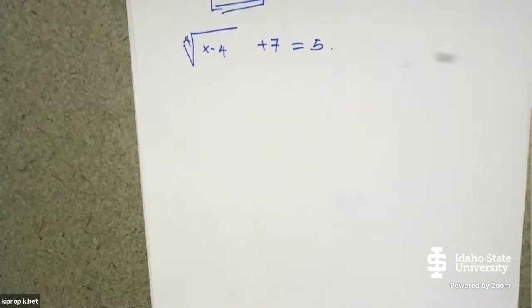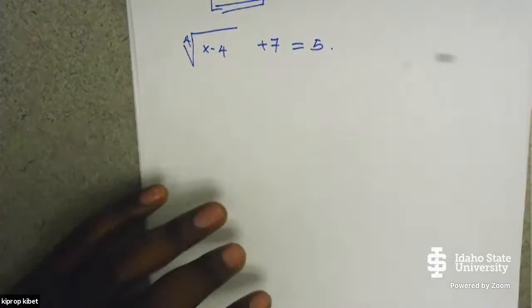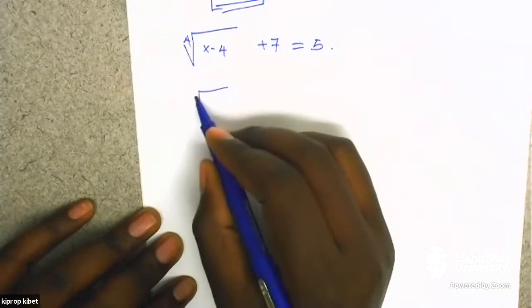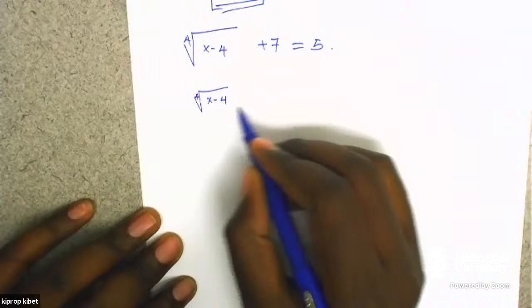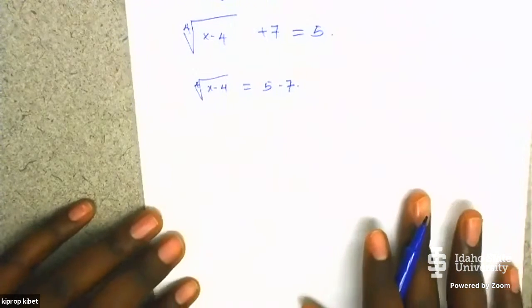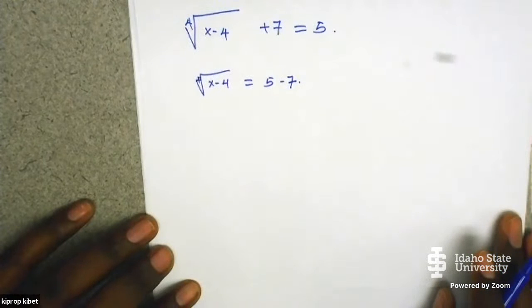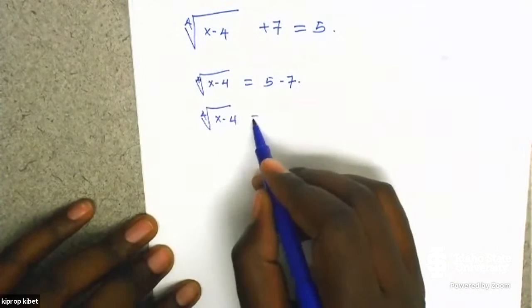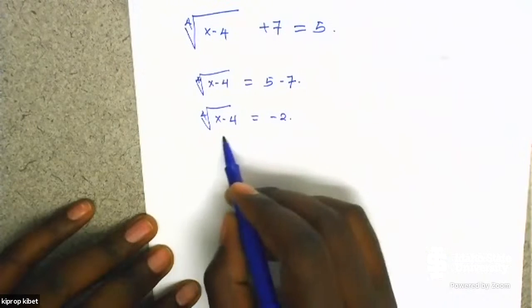So when you take 7 to the other side, it will be the fourth root of x minus 4 equals 5 minus 7, which is minus 2.